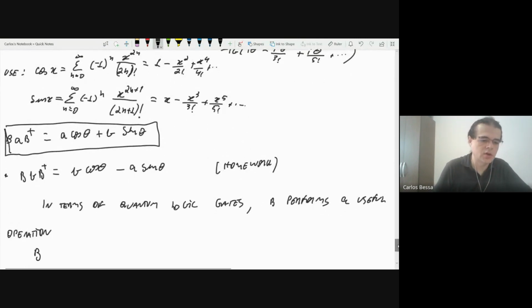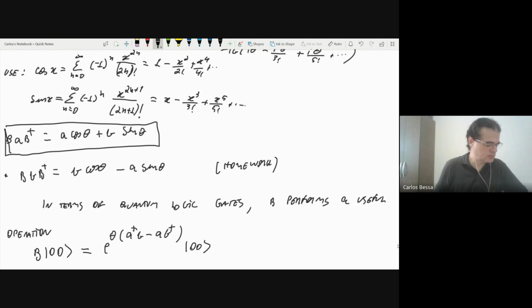B, when applied to the vacuum state of the 0, 0 modes, is exponential of theta (a dagger b minus a b dagger) applied to this state. And to get this simple, let's define this as G applied to 0, 0.